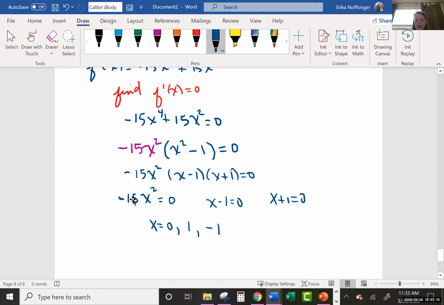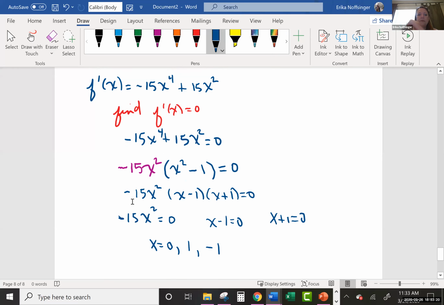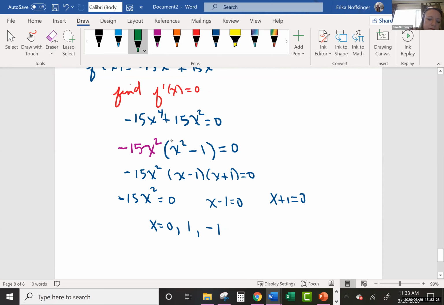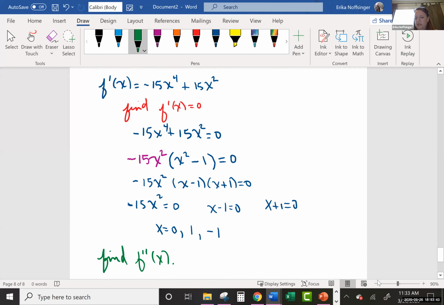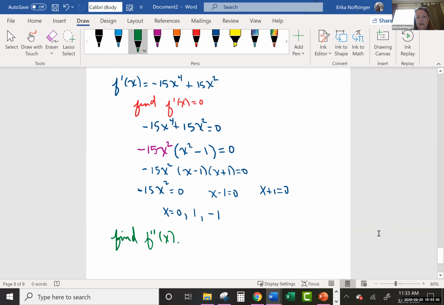Okay, so now I need to figure out what my second derivative is because I'm using the second derivative test. And so now we want to find the double derivative. So I'm just going to shrink this for a second.